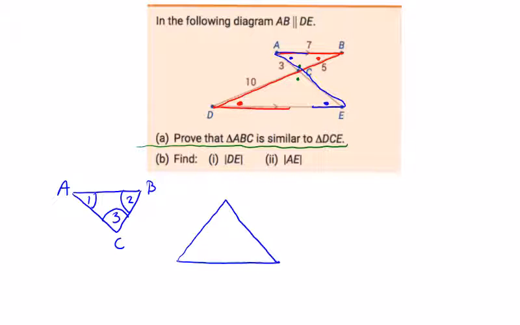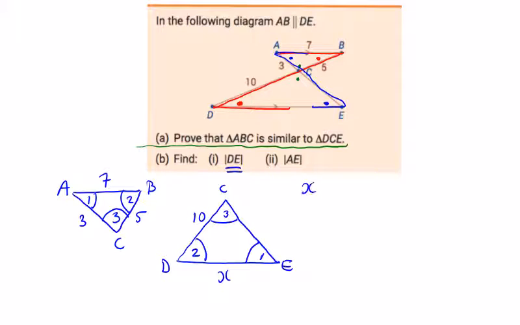My red one is number 2, my blue one is number 1, and my green one is number 3, and we have C, D, E. So the proof of the similarity is the two alternate and the vertically opposite angles in the middle. So what values do we have? We have CD being 10, we have AB being 7, AC being 3, and BC being 5. And we're asked to find DE, which we'll call X.